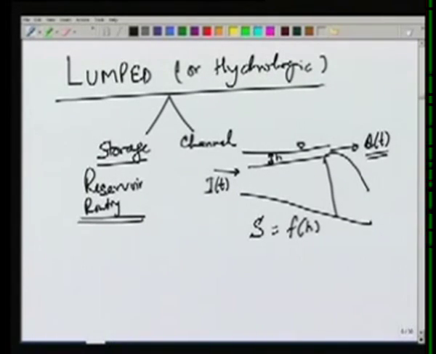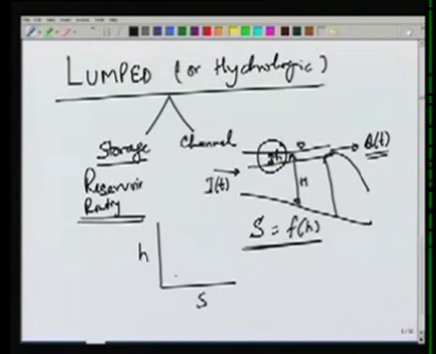Let's call it H from the top of the spillway, so that when H is 0 there is no outflow. We can take the H from the bed of the channel also, but for our purpose we will take H as the variable. So S will be a function of H.